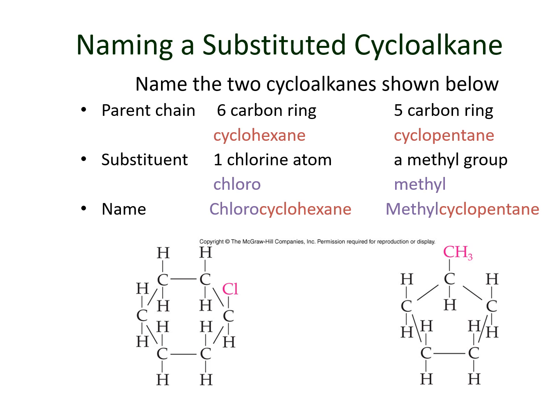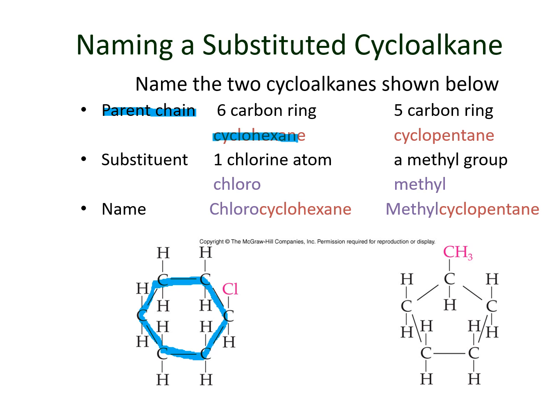Next is naming these substituted cycloalkanes. So one or two of the hydrogens have been replaced by some other atoms in these. A couple of structures are here at the bottom. First thing, we have to check how many carbons are there in the parent chain. So we can count these. They turn out to be 6 in total, and therefore it's a cyclohexane.